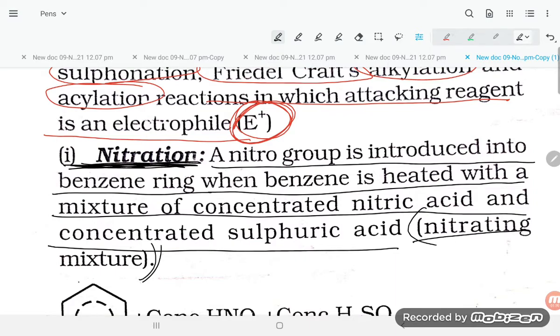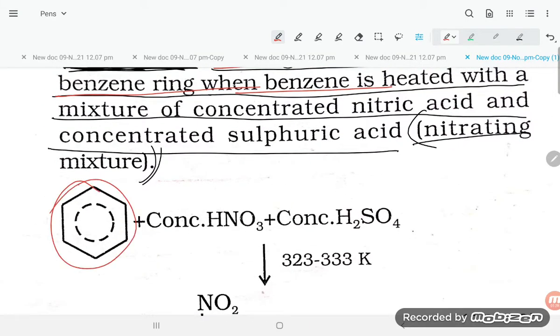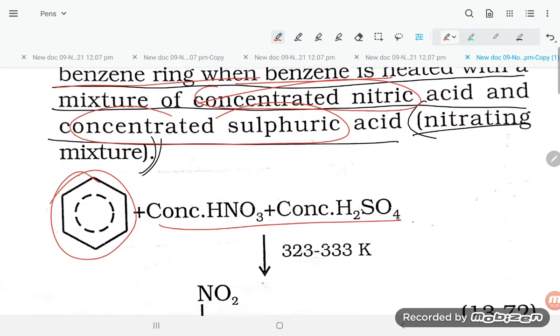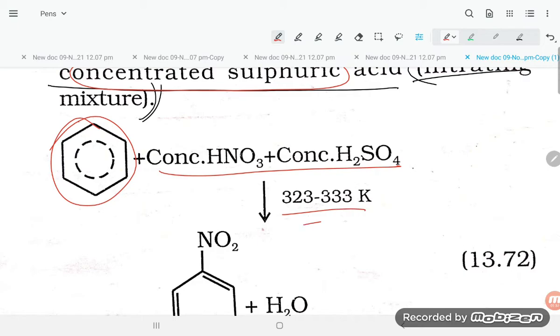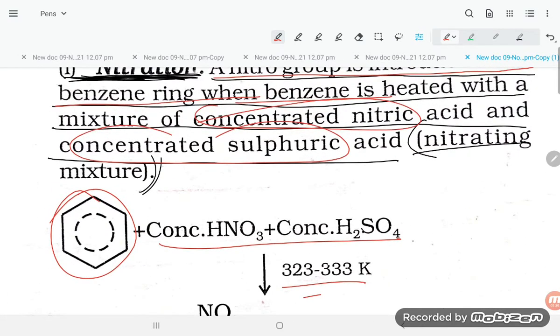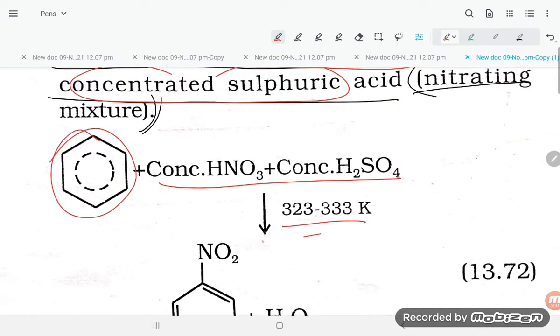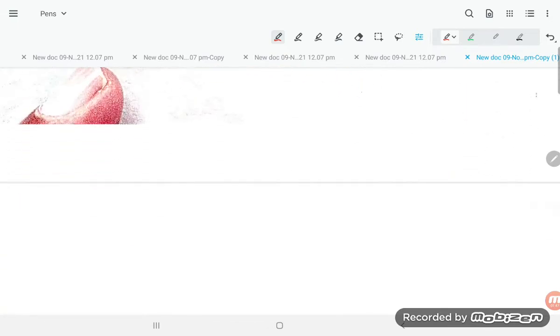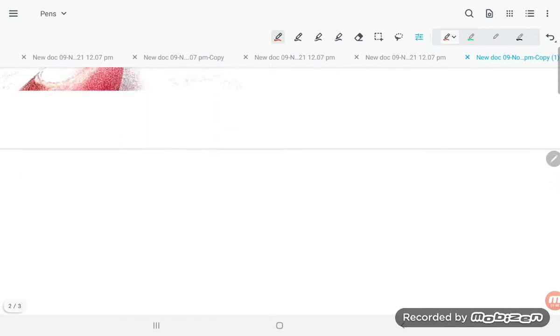At around 323 to 333 Kelvin temperature you are heating the benzene with the nitrating mixture, so it is giving nitrobenzene, friends. So this is all about the reaction.